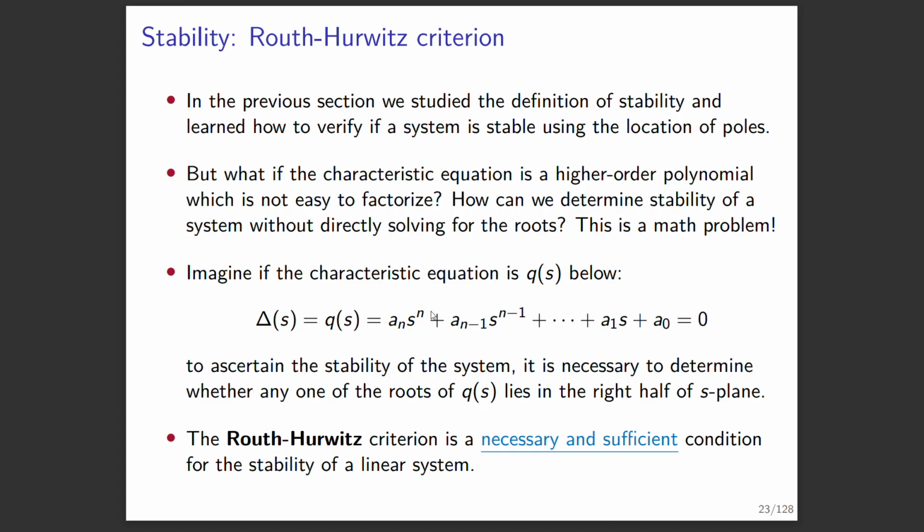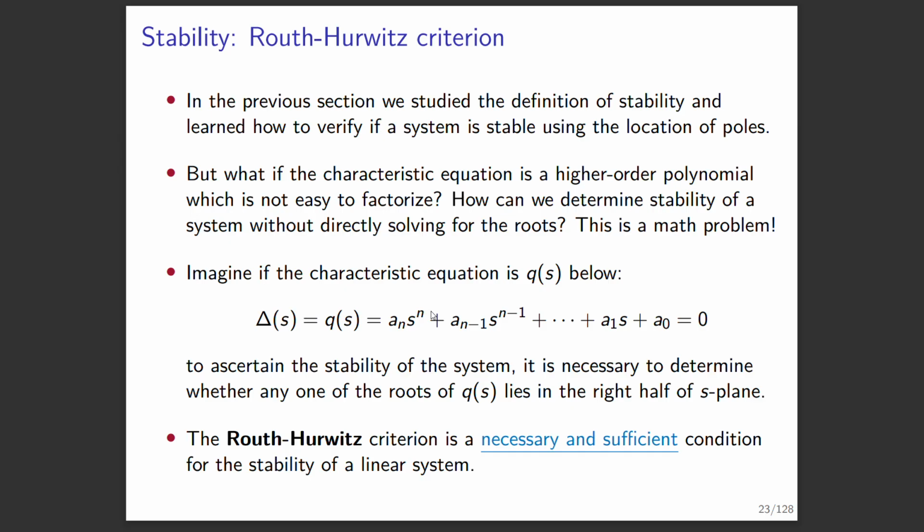So previously, what we saw is that if we determine the location of the poles, it can tell me about stability of the system. But in all the examples we saw, I wrote transfer functions in a factorized manner. I wrote the transfer function as s minus 1 times s plus 1 times s plus 2.